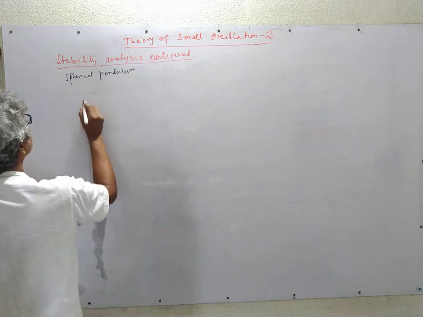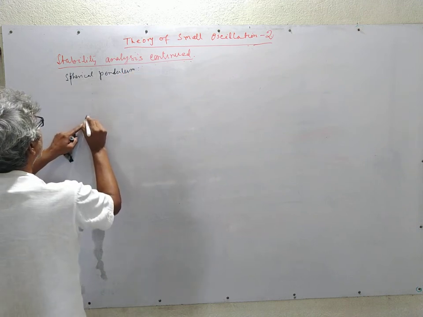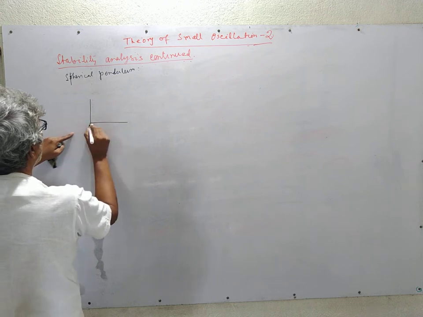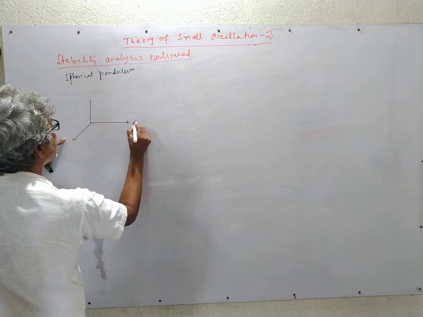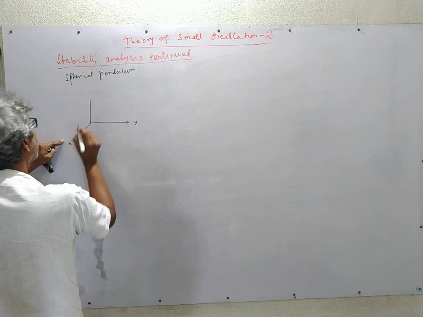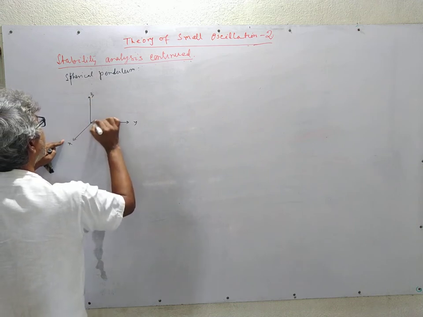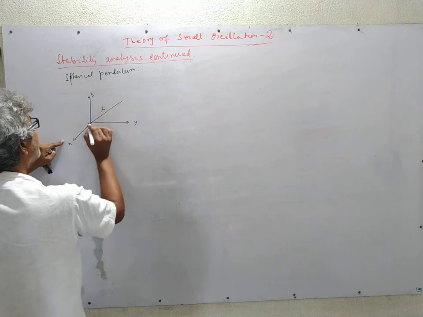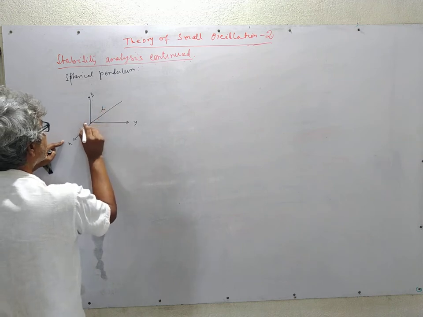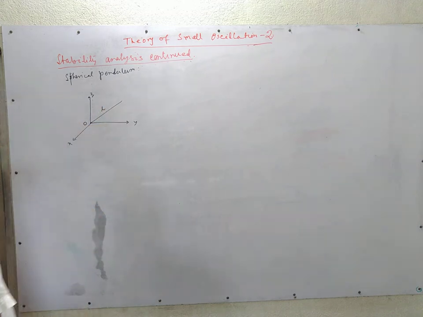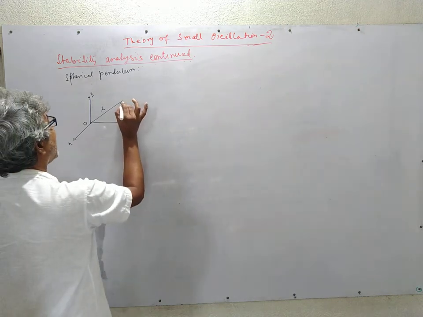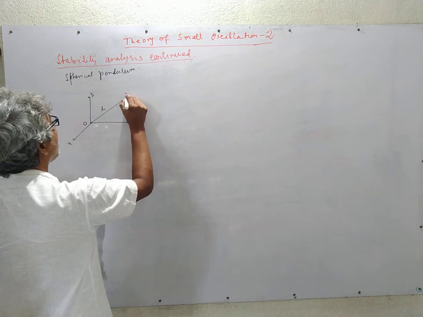So we have a string, and this is our right-handed coordinate system, x, y, z. We have a string of length L whose one end is fixed, and this point is taken as the origin of the coordinate system, and on the other end, there is a mass point m.